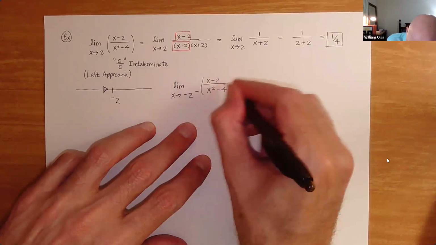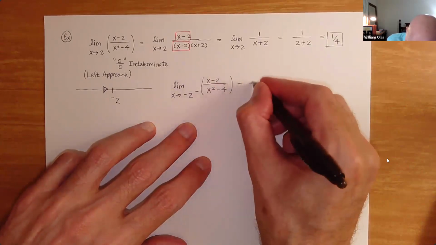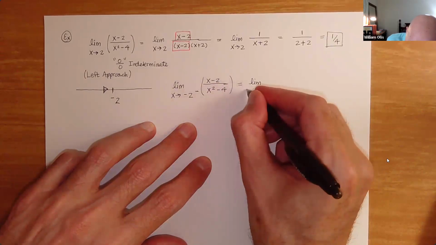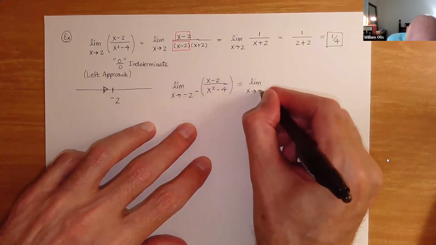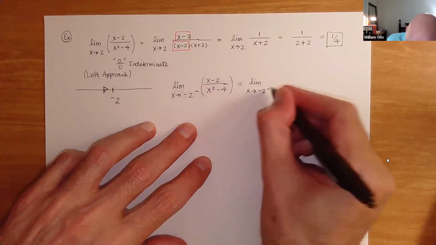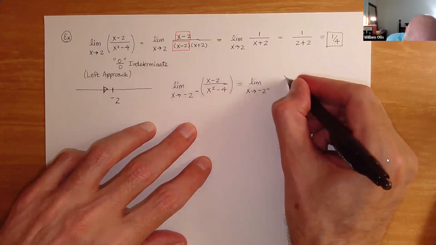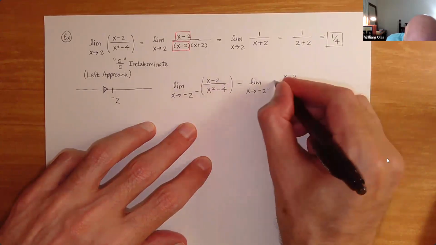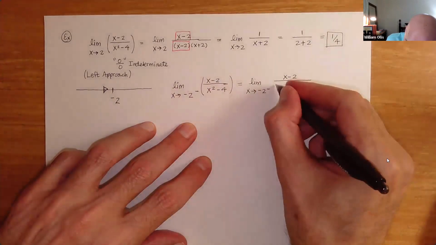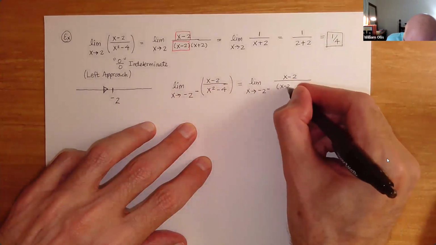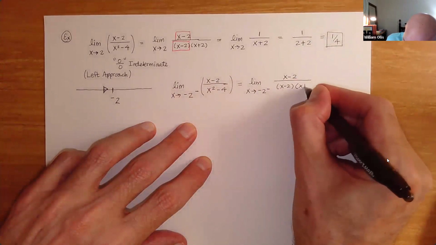I'm going to go ahead and factor it just like we did before. I'm repeating myself for a reason. So we have x minus 2, and then we have x minus 2 times x plus 2.